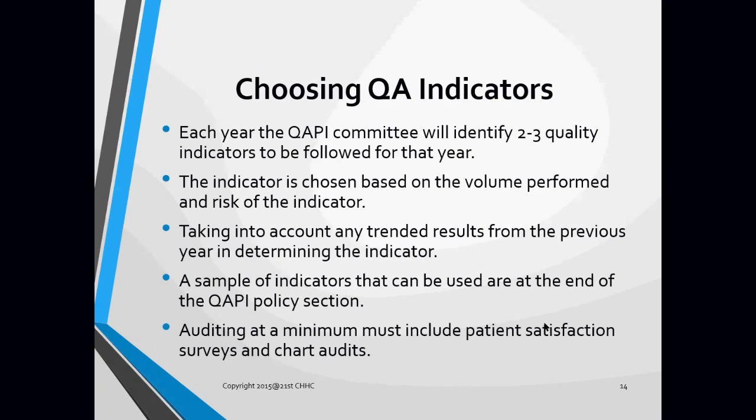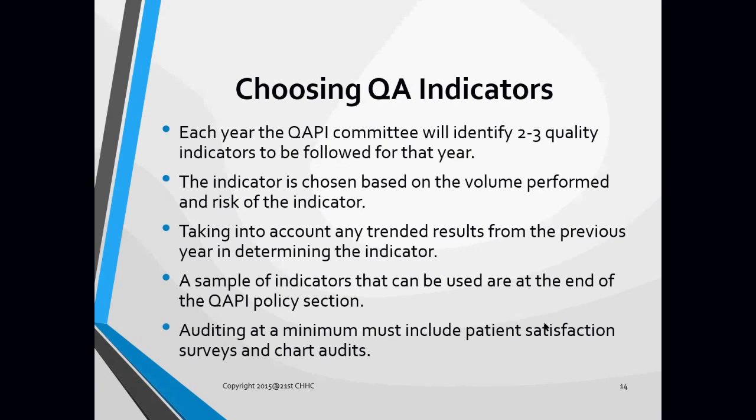That's a pretty high volume indicator. It does put you at risk, particularly if you're billing Medicare. You need to make sure that you're doing that admission within that 48-hour window. If not, there needs to be documentation of why that's not happening. So that would be an indicator that a Medicare agency most definitely would want to keep track of.